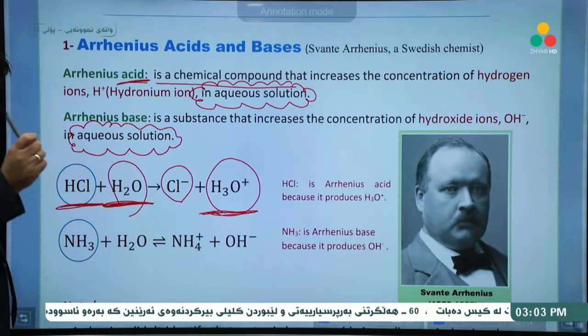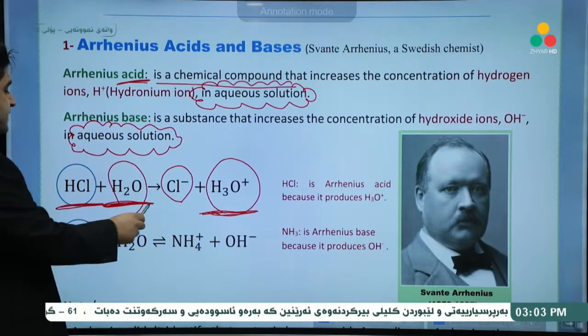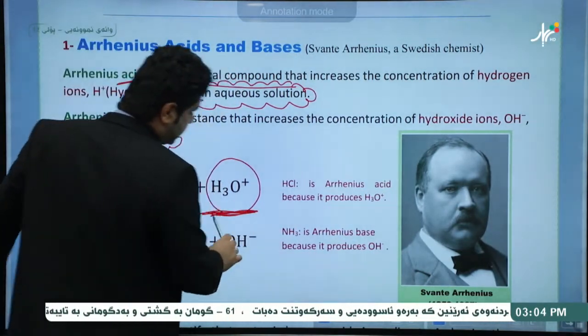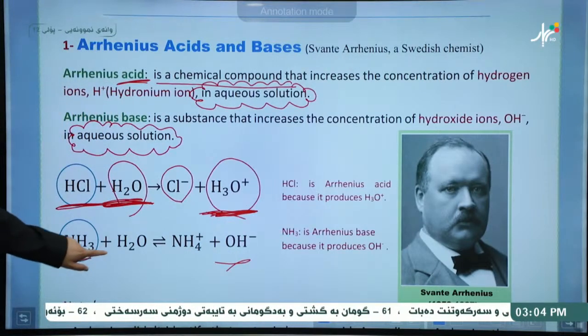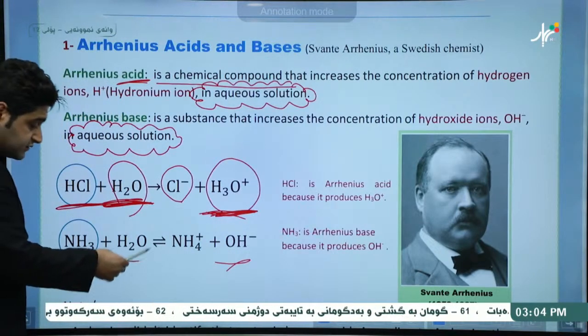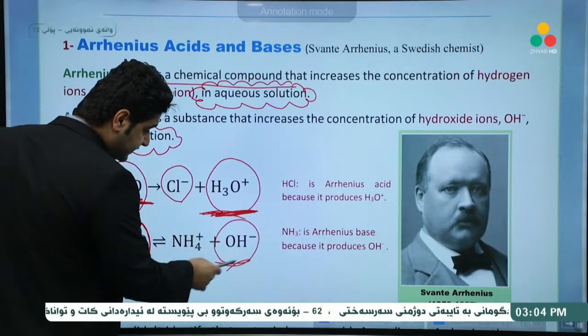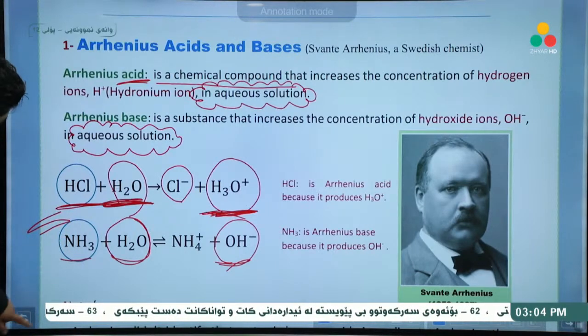You see that? There are two conditions for Arrhenius. The first one must be aqueous. The second one, we should have an ion, hydronium or hydroxide. For example, we have NH3. Well, the first condition, right, it's an aqueous solution, and then we get hydroxide, and so it's an Arrhenius base. You see how easy it is?